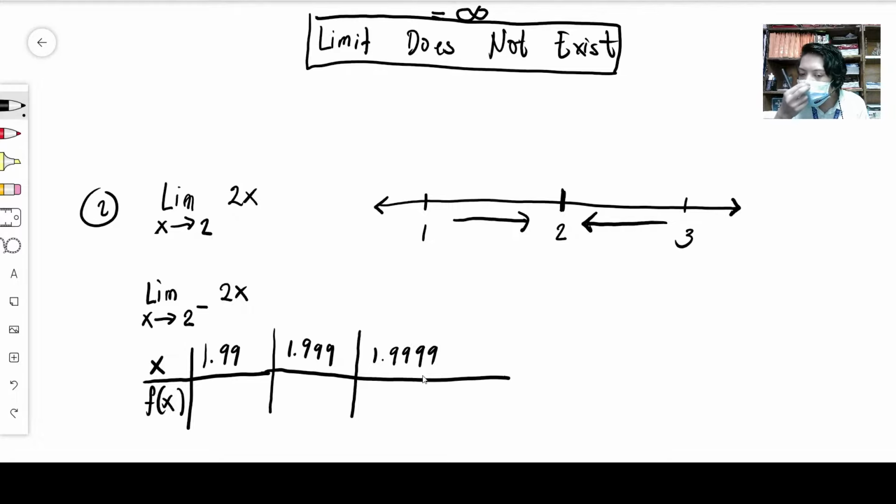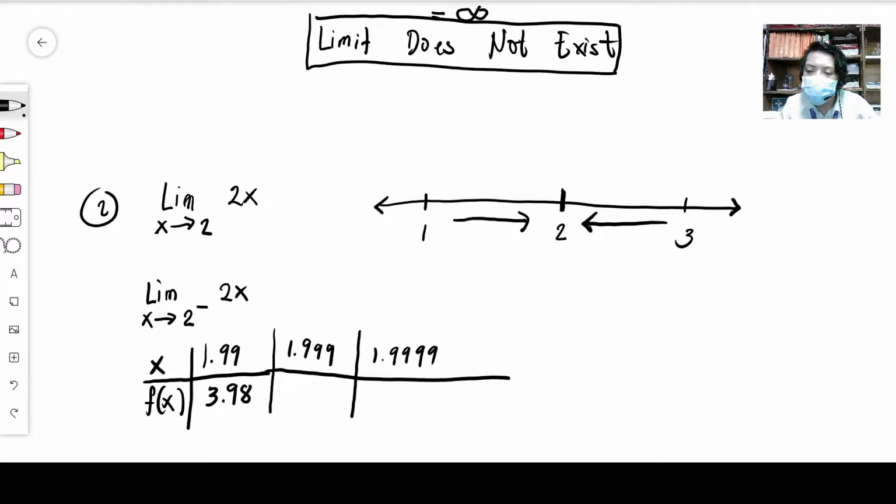Now when you try to evaluate the values of this function when x is equal to 1.99, x is equal to 1.999, let me use the calculator first. 2x when x is 1.99, the value is 3.98.